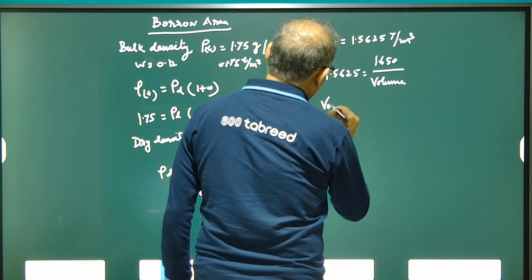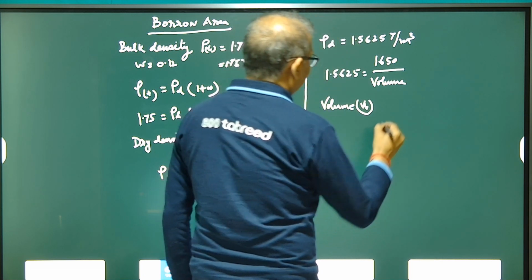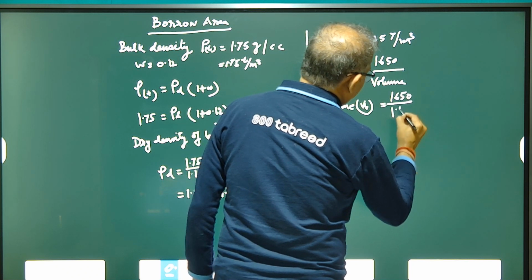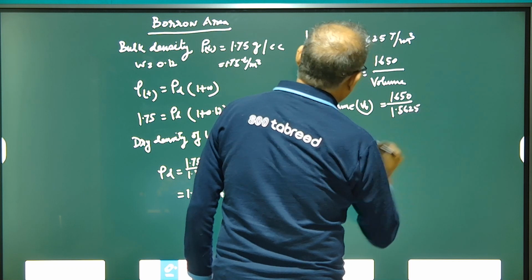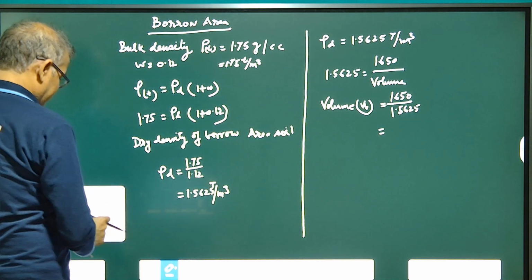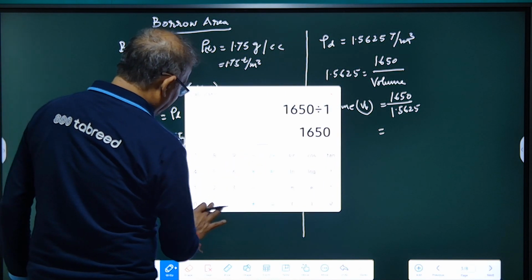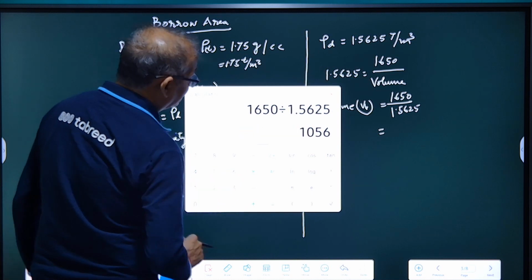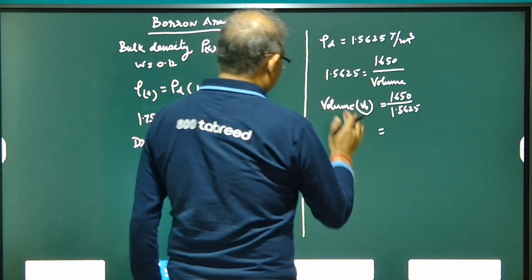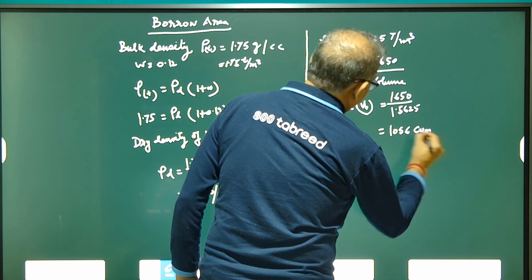So the volume of borrow area soil will be 1650 divided by 1.5625, which is equal to 1056 cubic meter.